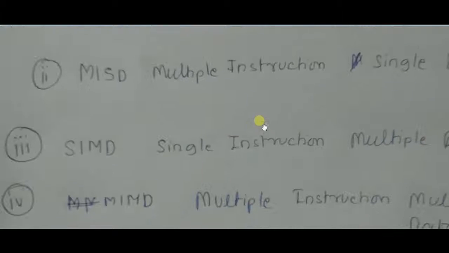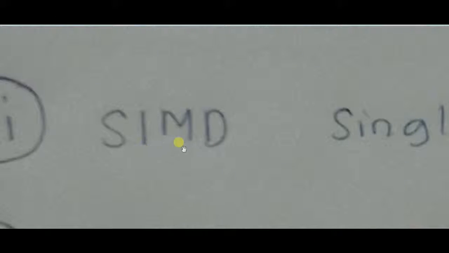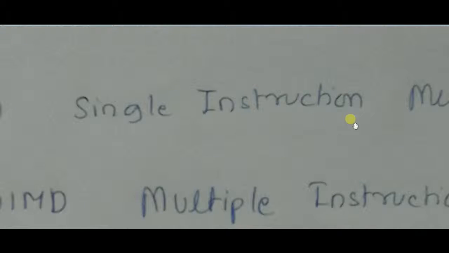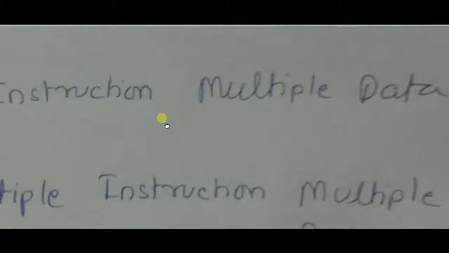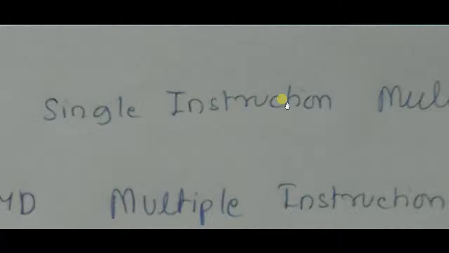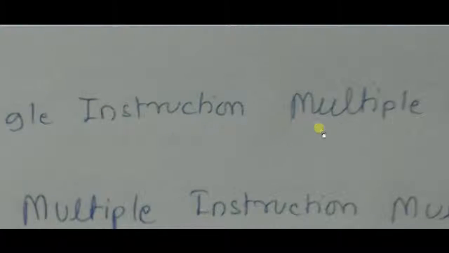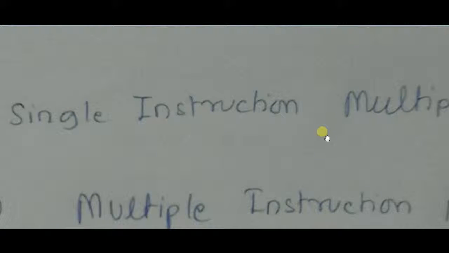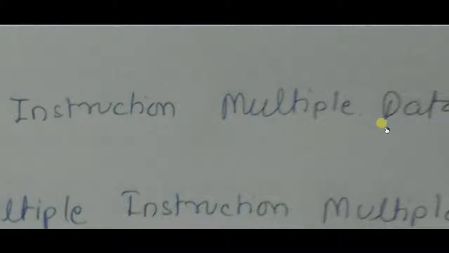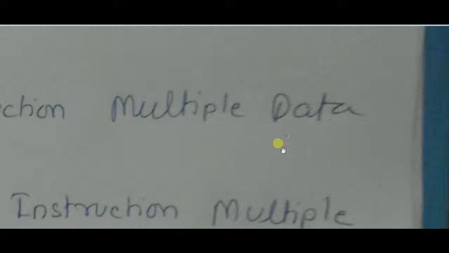Next comes SIMD, single instruction multiple data. It means there is only one instruction. When I say there is only one instruction or multiple instructions, it means per clock cycle. SIMD means only one instruction is given but there are multiple processing units.